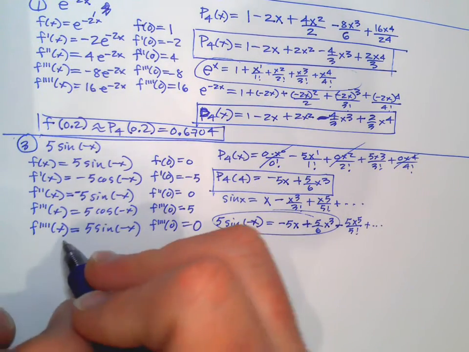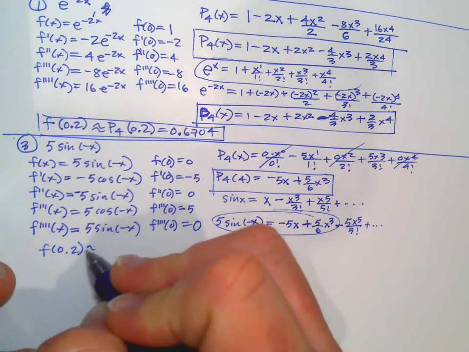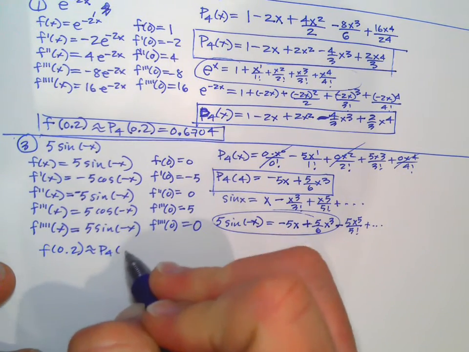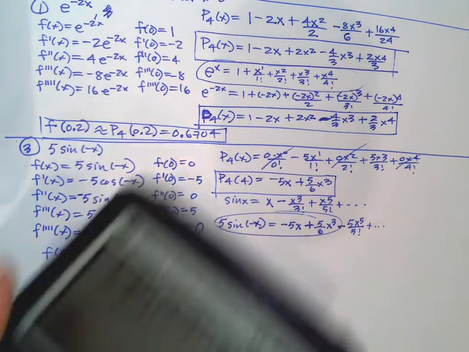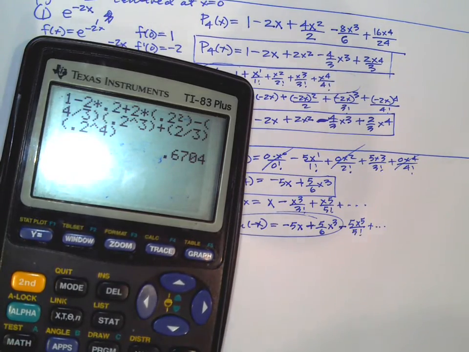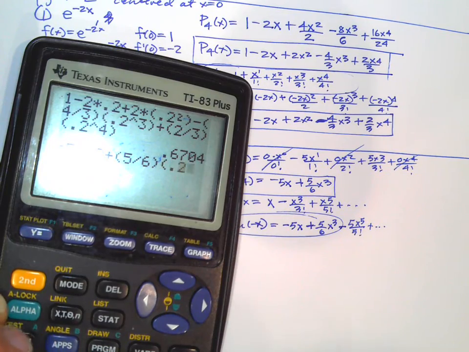Okay. The estimation. I'll just do it on my calculator. So it's going to be negative 5 times 0.2 plus 5/6 times 0.2 to the third power.